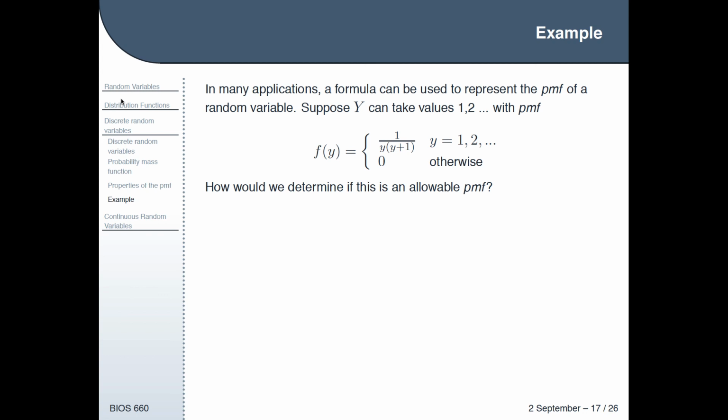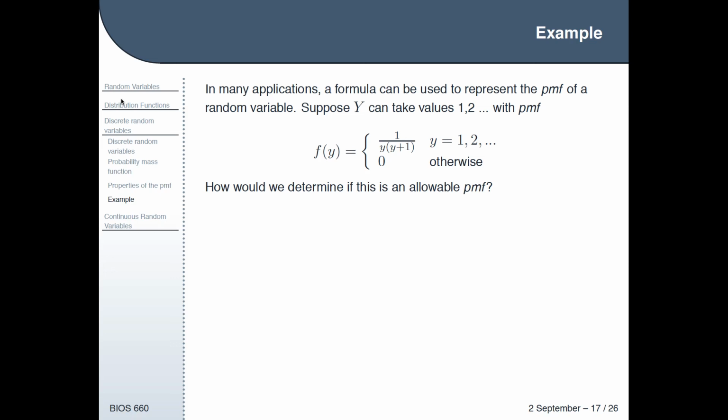Okay, so in general, a function f(x) is a probability density function if and only if it's non-negative everywhere and the integral of the probability density function from minus infinity to infinity is equal to 1.